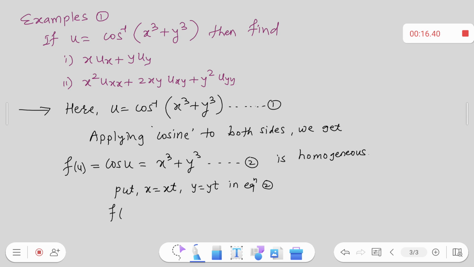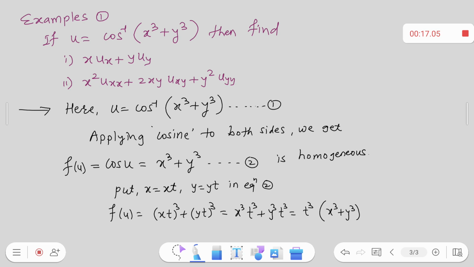So f of u is equal to xt cube plus yt cube, which is x cube t cube plus y cube t cube. So t cube is the common term into x cube plus y cube.